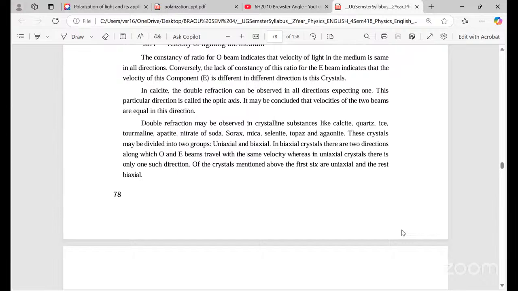In biaxial crystals there are two directions along which the ordinary and extraordinary beams travel with the same velocity, whereas in uniaxial crystals there is only one direction. Of the crystals mentioned above, the first six are uniaxial and the rest are biaxial.